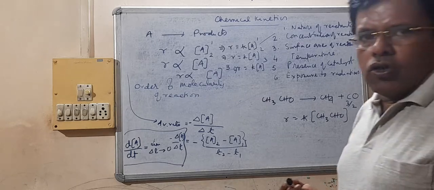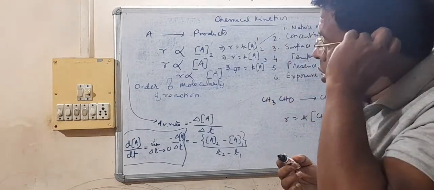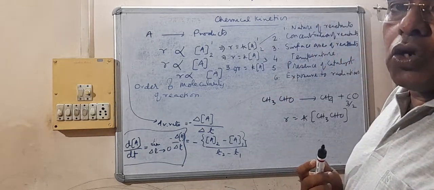Order of reaction can also be 0. If the power here is 0, then it is called a zero order reaction.